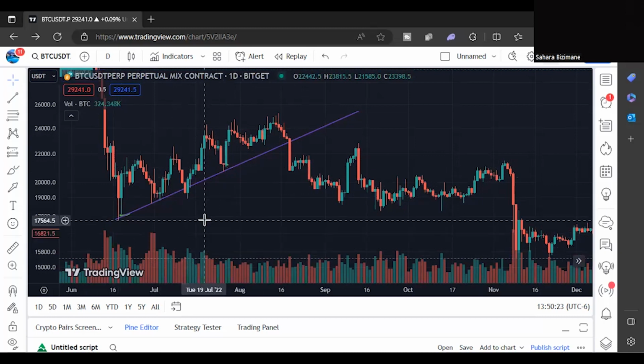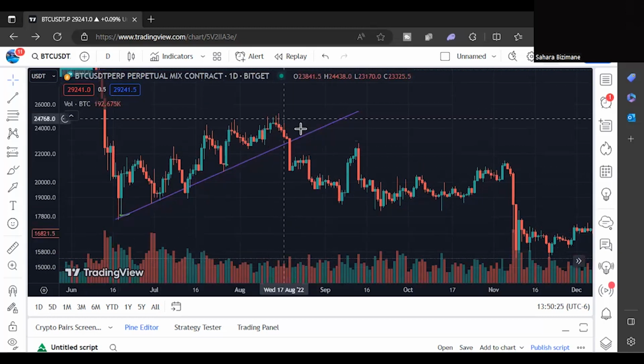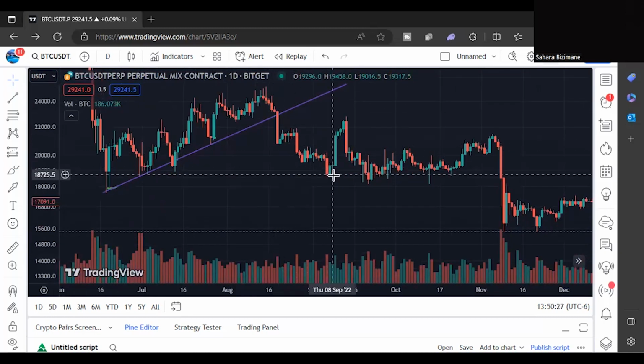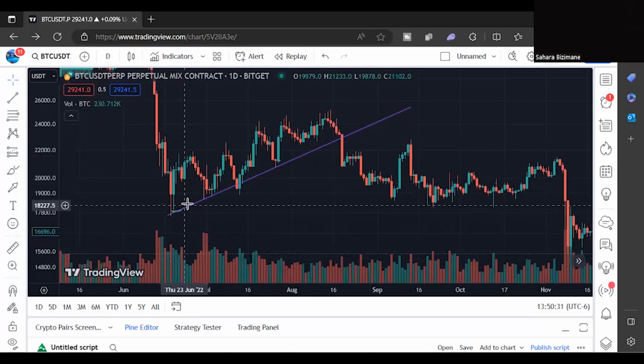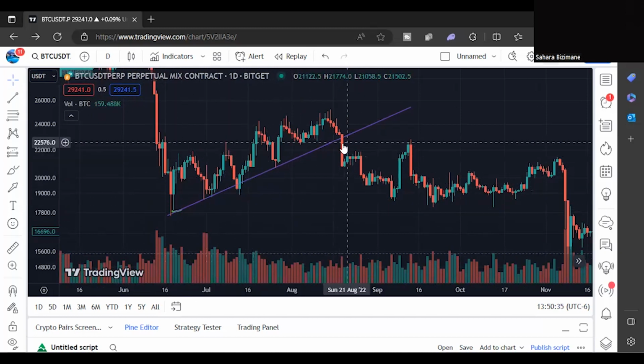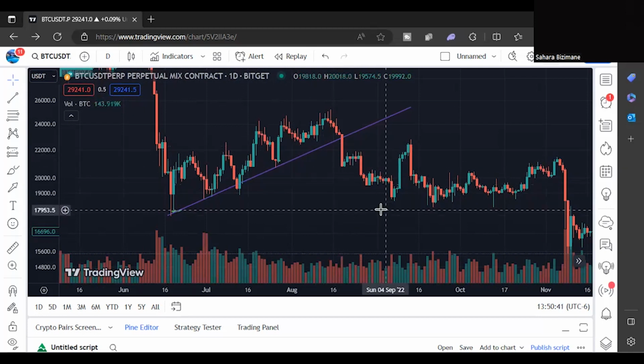This provides a great opportunity for you as a trader to go short. So the moment you see the price has broken the uptrend line, you can go ahead and short it.